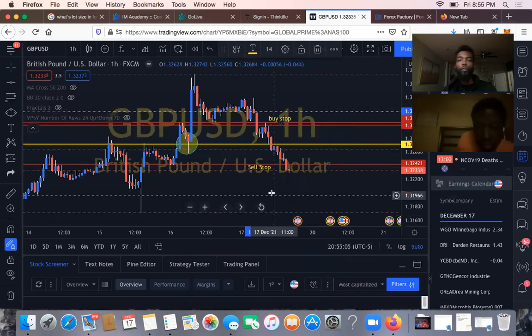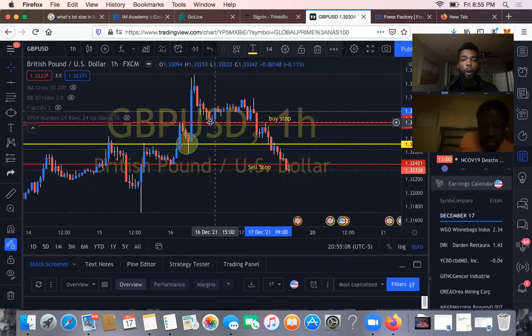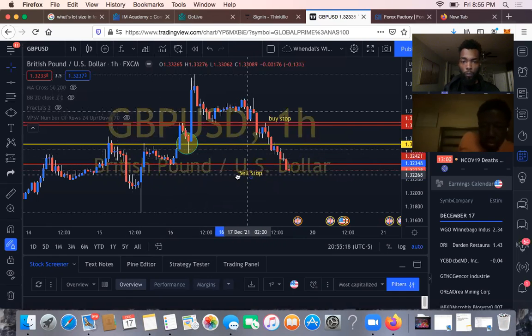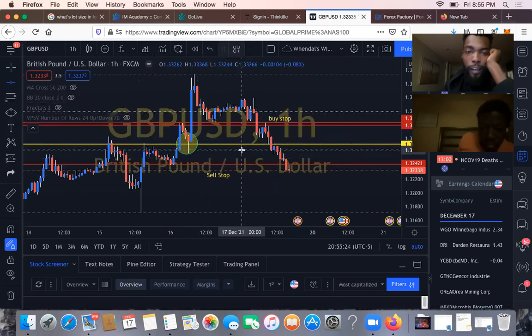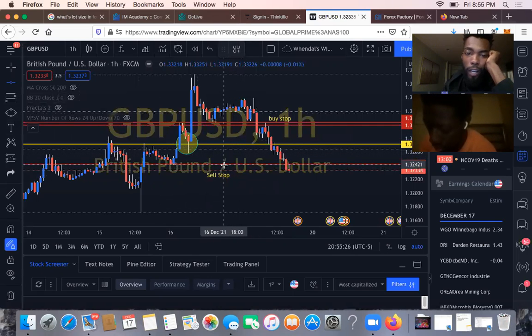All right, so 5 minutes before the news hits, you mark your zones, higher high, lower low, and then you put in your orders. What I would do is put your orders in a little bit further away from the zones, only because if it goes down there, you don't want it to wick this zone and then go up, or wick this zone and then go down.